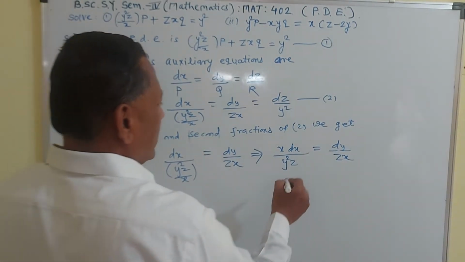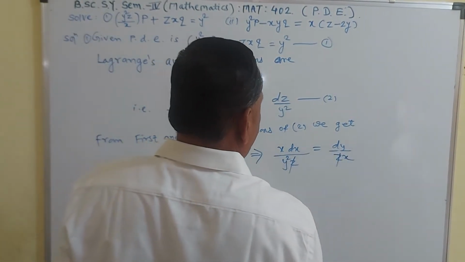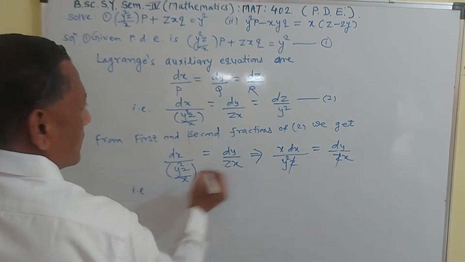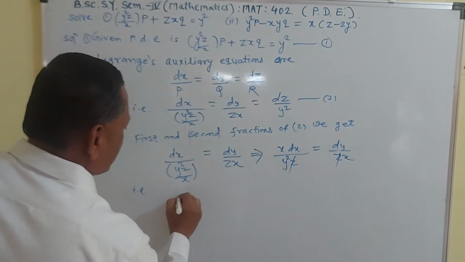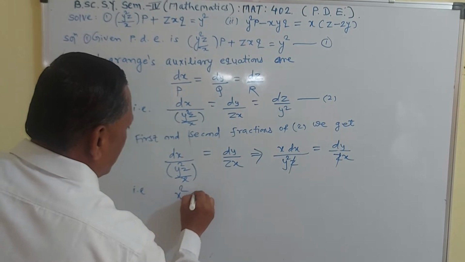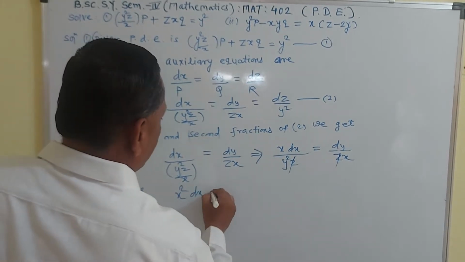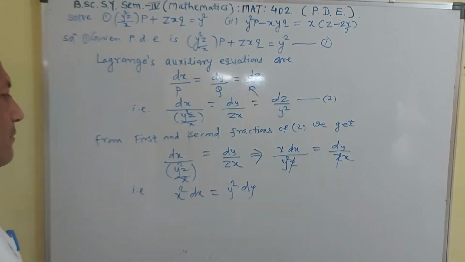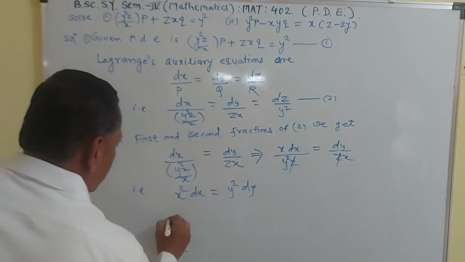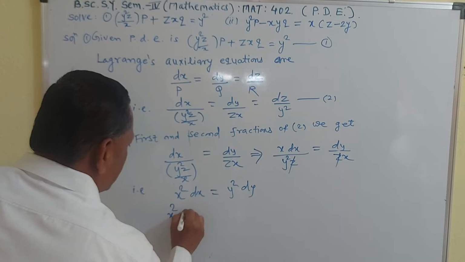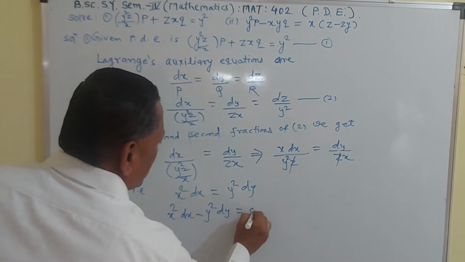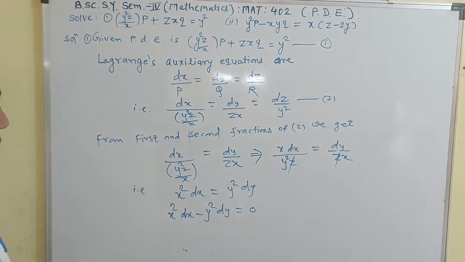So z is on both sides, z cancels. Again, by cross multiplication, x into x means x square dx is equal to y square dy. Variables are separated. Or again x square dx minus y square dy is equal to 0.